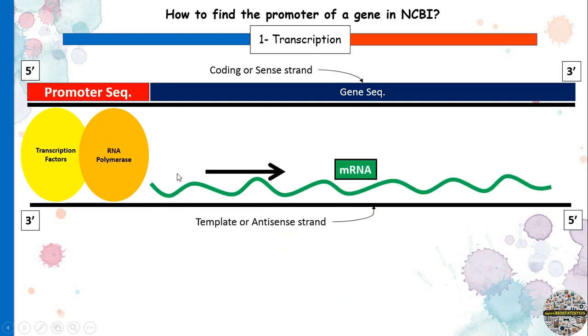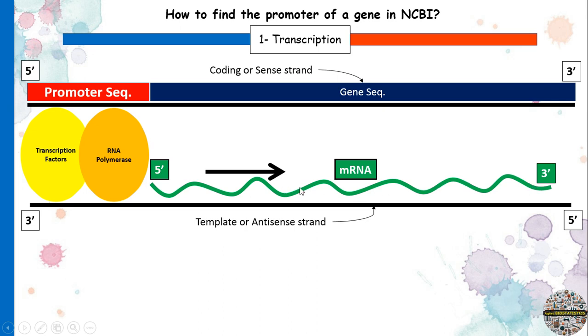If we assume that this is our mRNA, the direction for transcription is from 3' to 5', and this is the 5' end of our mRNA, and this is the 3' end of our mRNA.